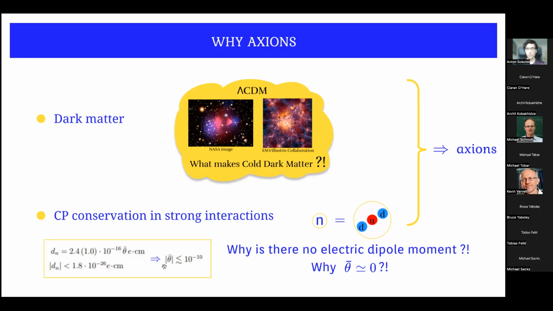There exist also other astrophysical hints which point to the existence of some light particle, like an axion-like particle, and some string theory motivations. So there exist really a lot of reasons to believe that axions solve many particle physics problems and arise in many theories.